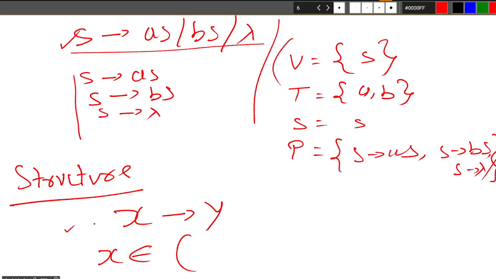What can be there in the left hand side and what can be there in the right hand side? We are thinking about this.